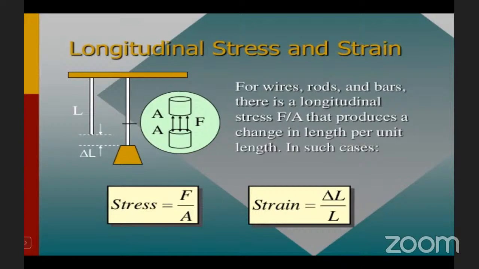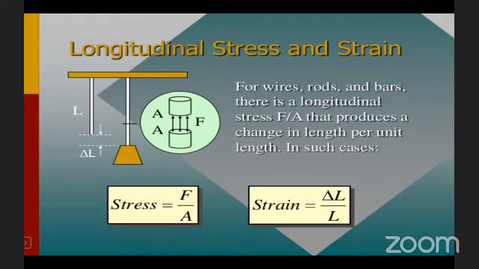Take a wire hanging from a rod or bar. There is a longitudinal stress F by A that produces a change in length per unit length. In such cases, see here, a stretched wire hanging some weight, and there is some expansion of the wire.